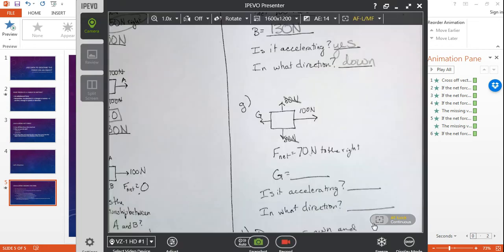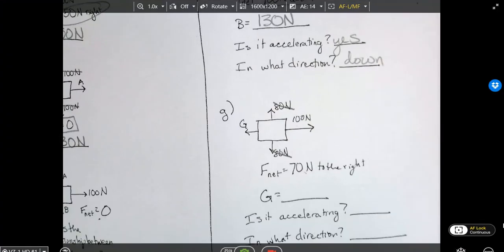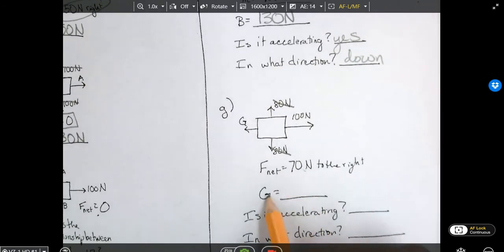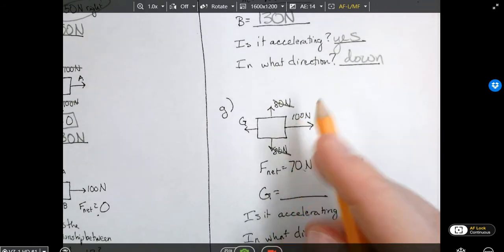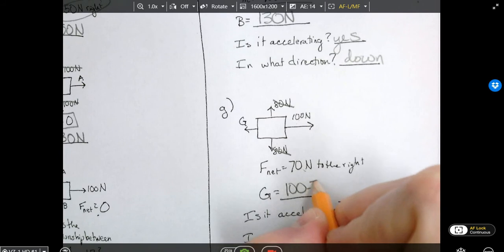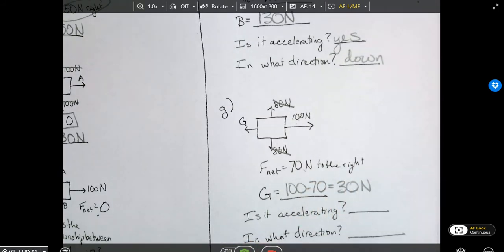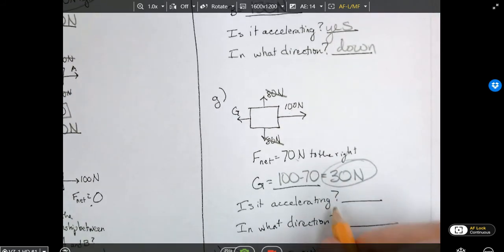So that means G is 70 less than 100. So 100 minus 70 equals 30 newtons. G is 30 newtons. It is accelerating, yes, because the net force does not equal 0, and it is accelerating to the right, the direction of the net force.